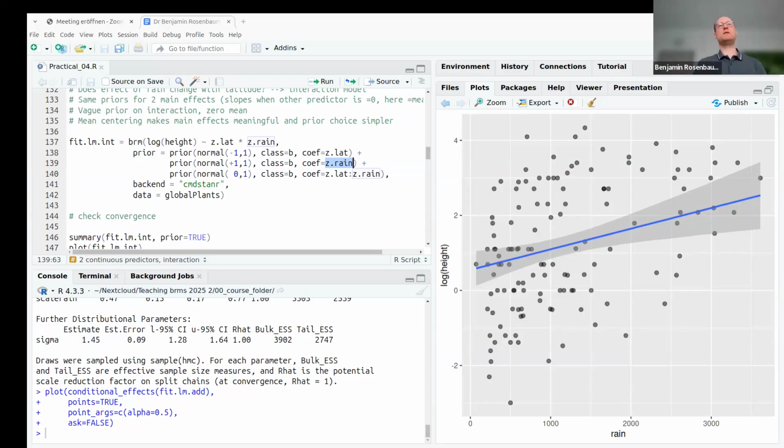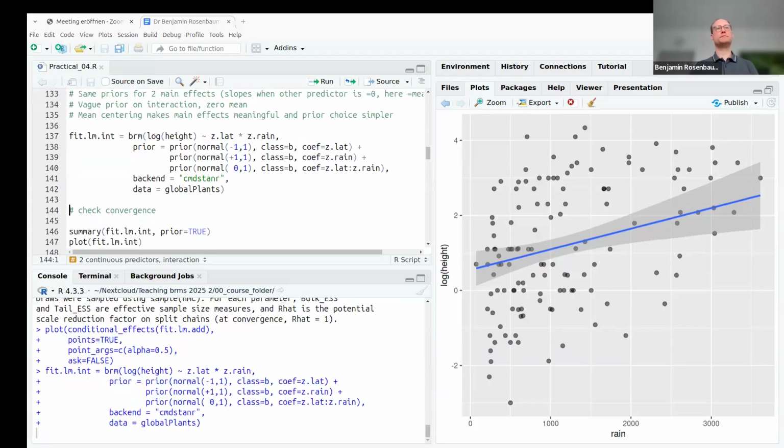But by scaling a variable, either way, you know that the main effect is the slope of this variable when the other predictor is at its mean. For this model, this means I can use the same priors as before, and I have a very weakly informative prior on the interaction, because I have no idea if the interaction is positive or negative. So I center the prior around 0.